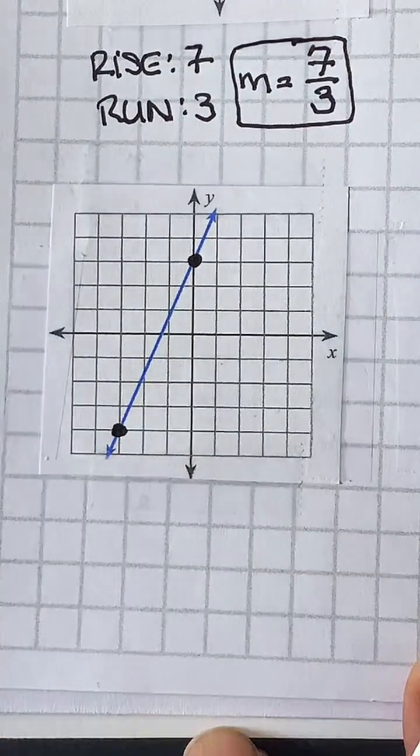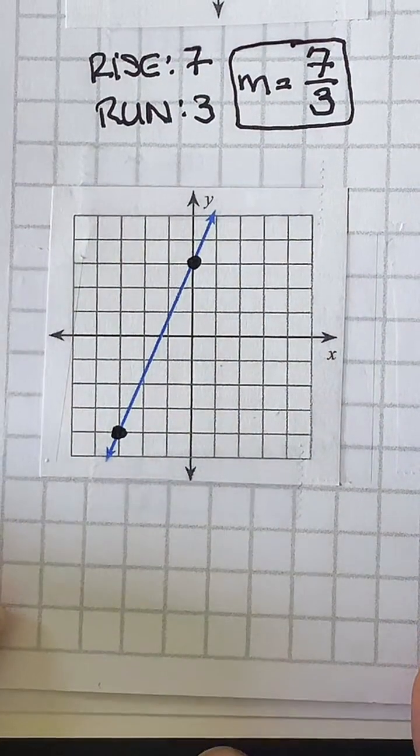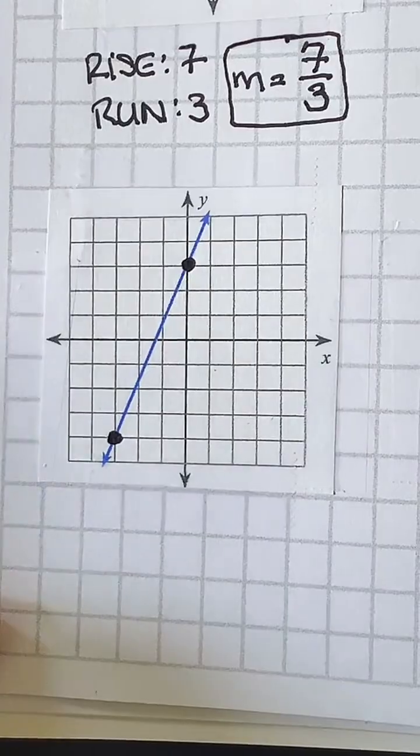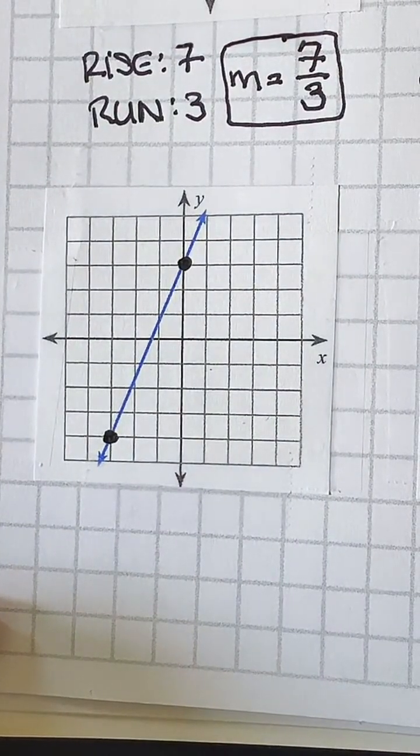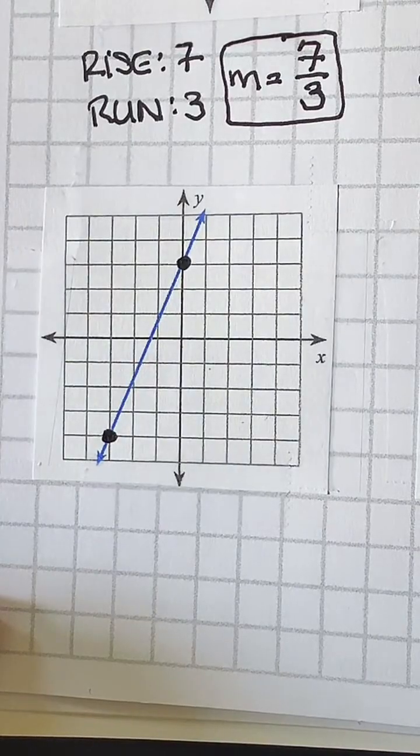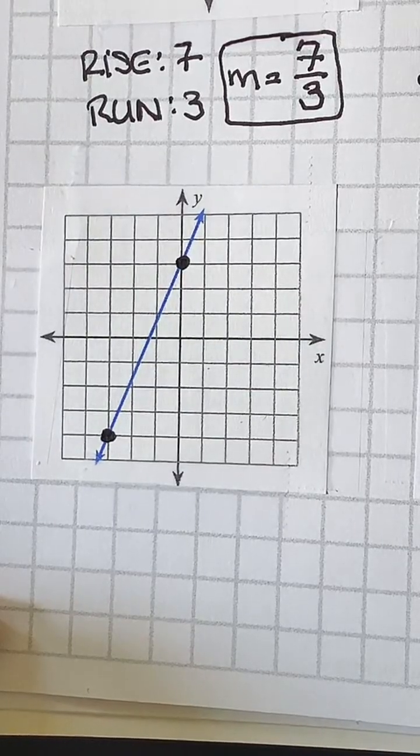Okay, so we're going from 1 point to the next. So answer this question before you search out. Is it going to be a positive slope or a negative slope, or positive, negative, 0, or undefined? What kind of slope do we have? Positive, negative, 0, or undefined? Put it in the chat.